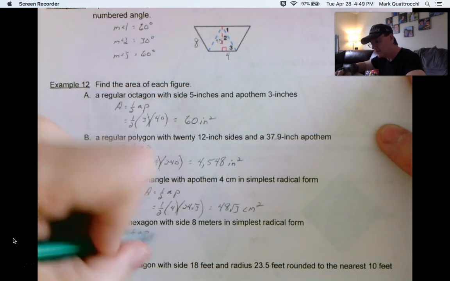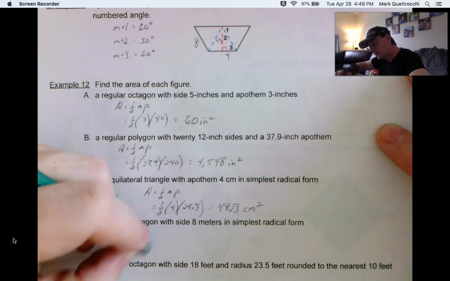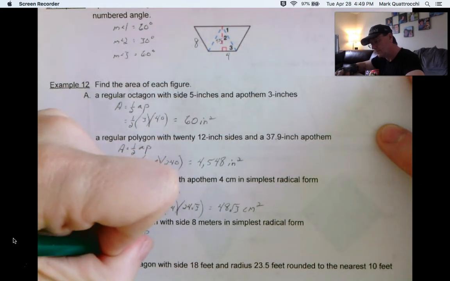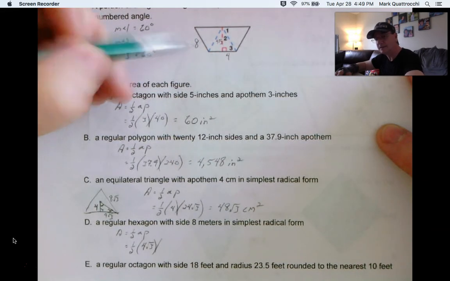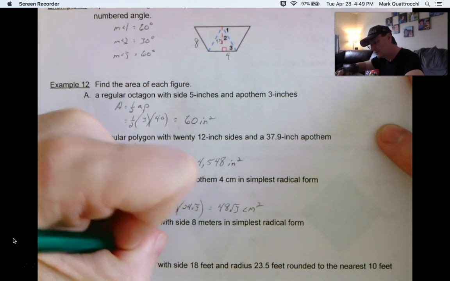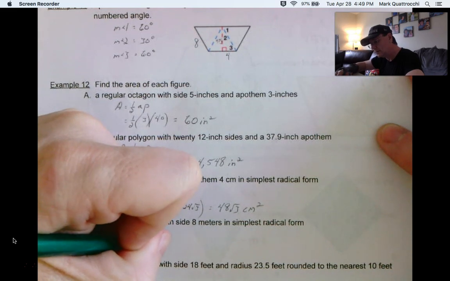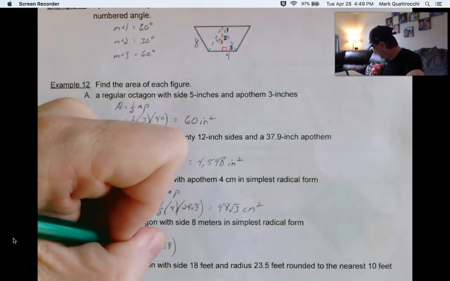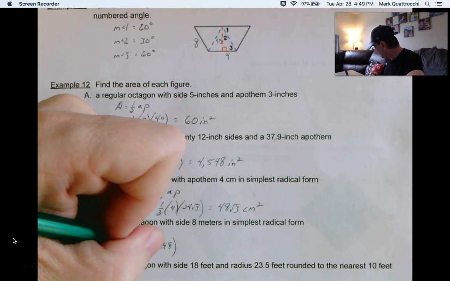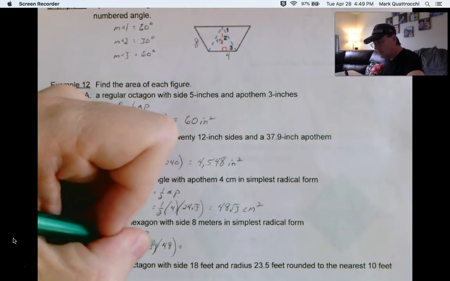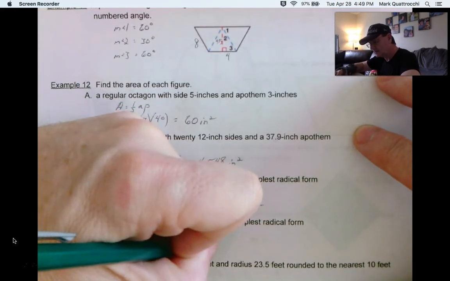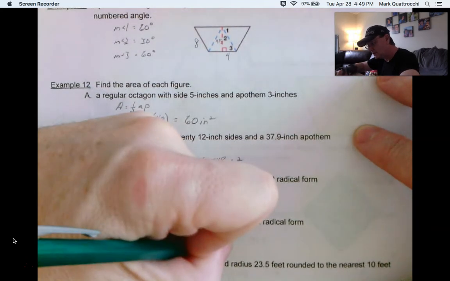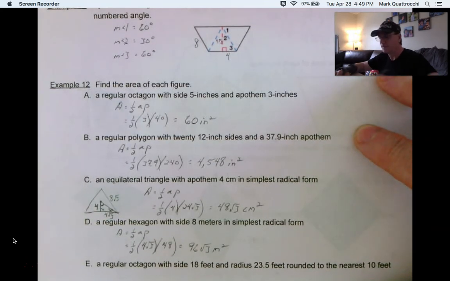The apothem we just calculated is 4 square root 3. And the perimeter is going to be 8 times 6, 48. And 2 times 48 is 96 square root 3 meters squared. And so that's part D.